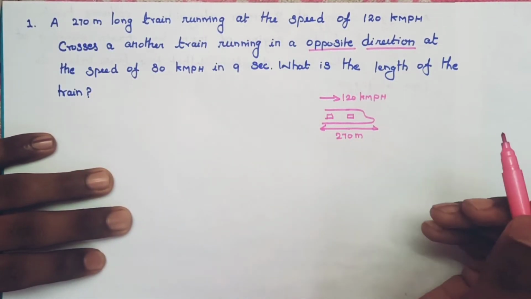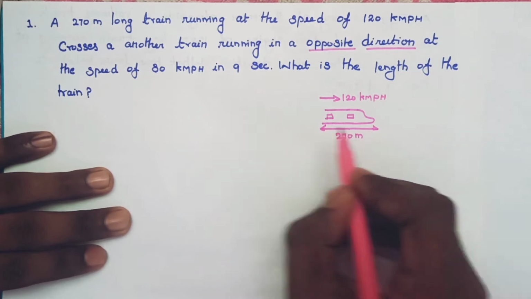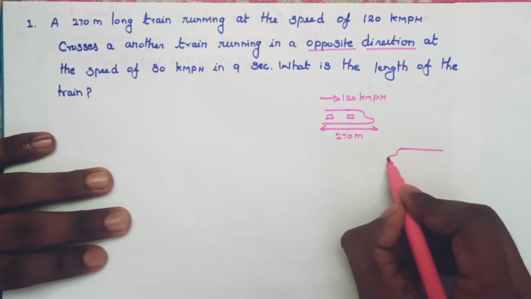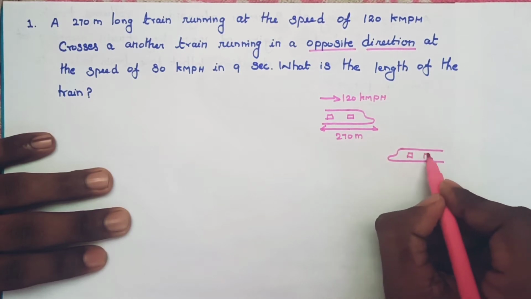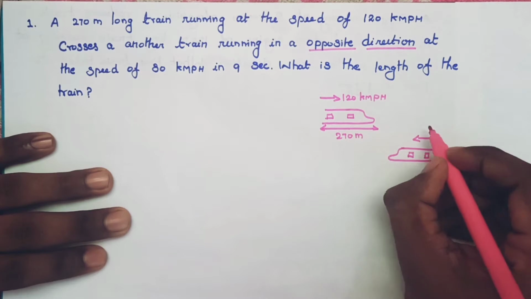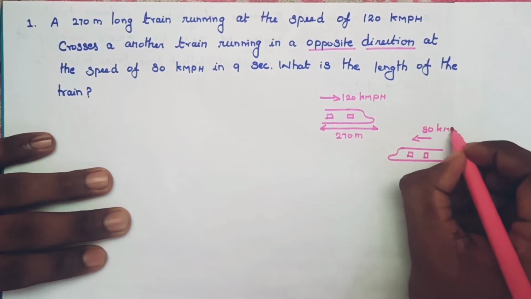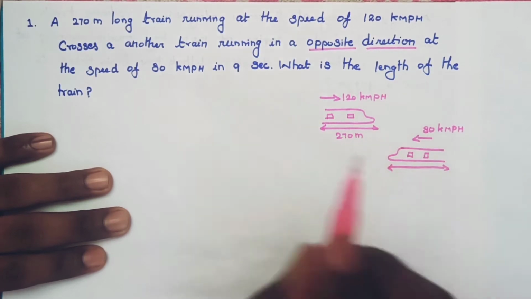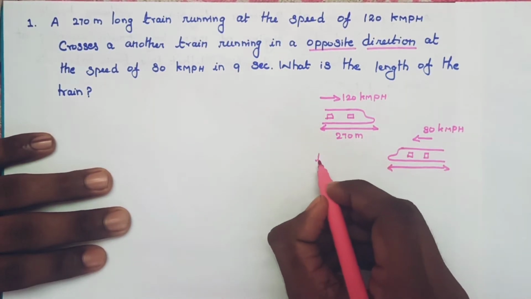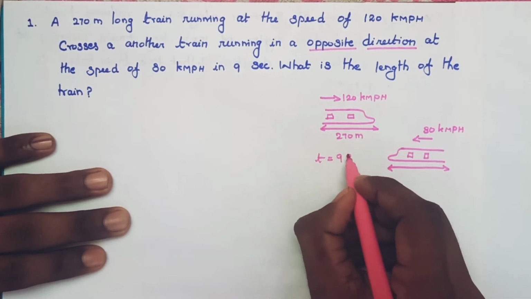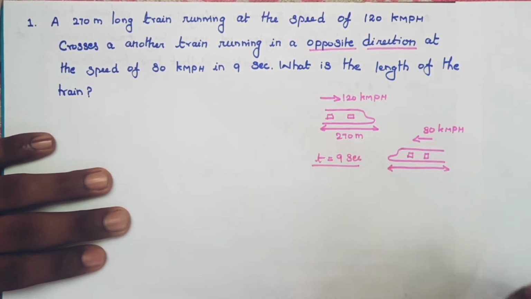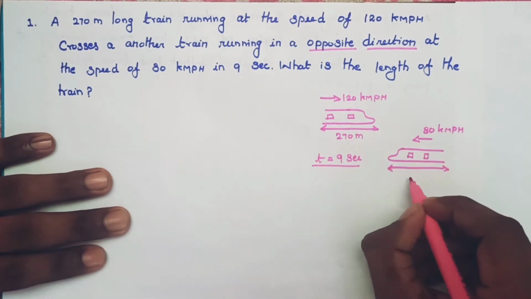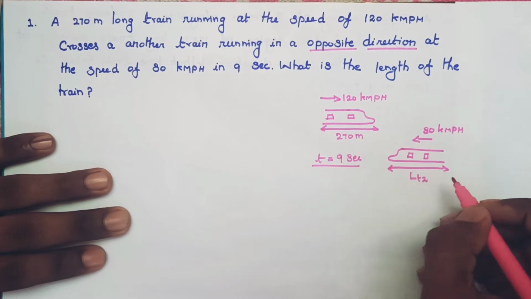So the other train comes in the opposite direction of this train, at the speed of 80 km per hour, in 9 seconds, right? And what is the length of the train? So we have to find out the length of the second train, right?